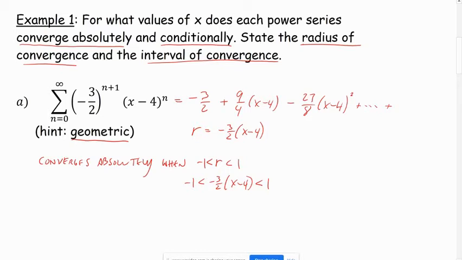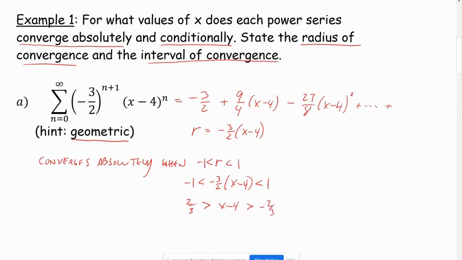So first I would multiply everything by negative 2/3. So this is going to become positive 2/3. The inequality changes direction whenever we multiply by a negative number. And then we're going to have x minus 4, and this inequality changes direction as well. And here we have negative 2/3.